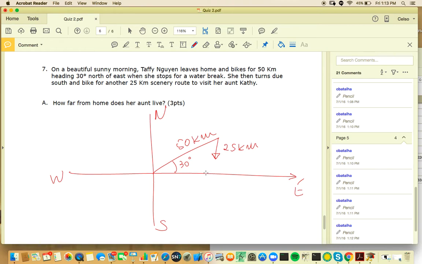So how far from home is her aunt? We want to find the magnitude of this vector. How do we do that?